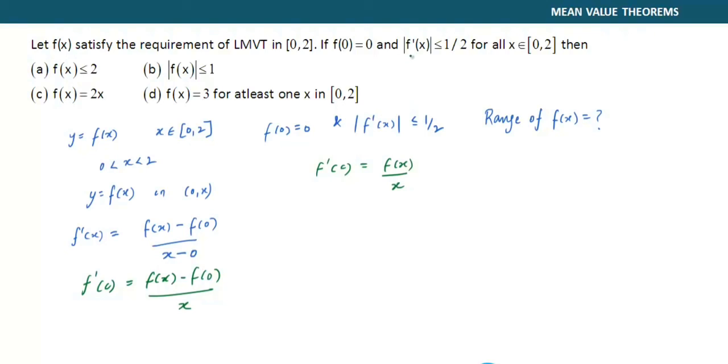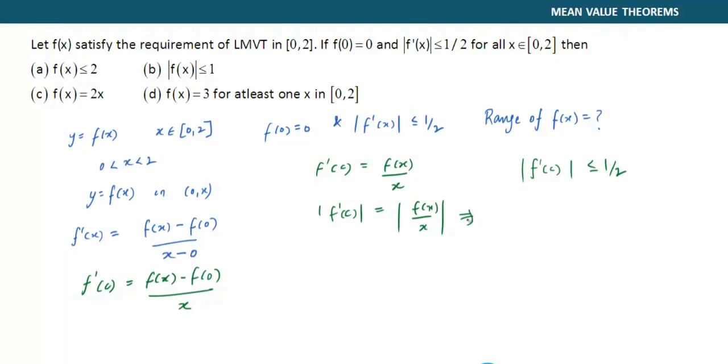We know that modulus of f dash x, let's take modulus on all the sides first of all. So this is what it will become. Now it is given that modulus of f dash x is less than 1 by 2 for all values lying between this. So I can say that f dash c modulus is less than 1 by 2.